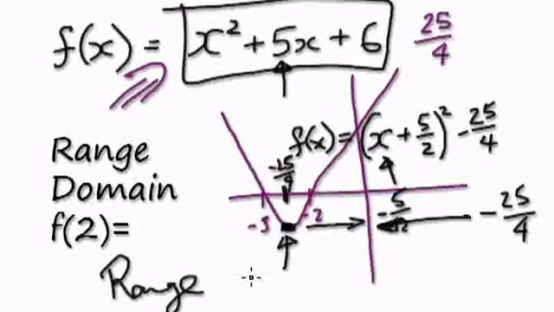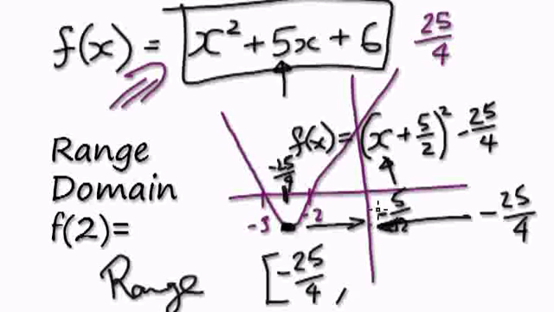So the range here would be, hang on, it can include the minus 25 over 4, so it would be a squared bracket. It would be minus 25 over 4, comma, and then everything above it, so infinity, and then close it off.